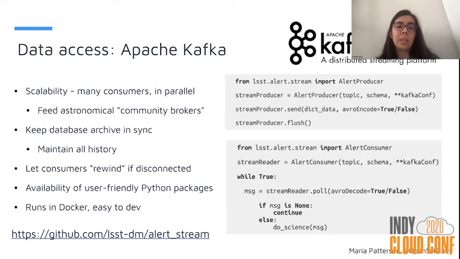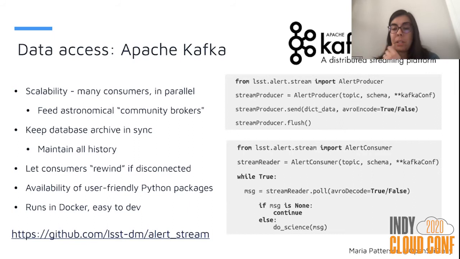And what we use Apache Kafka for is to distribute the data out to these community brokers, as we call them, which are different folks in the astronomical community that are studying different types of objects, again, like supernova or the planetary people and the asteroid people.